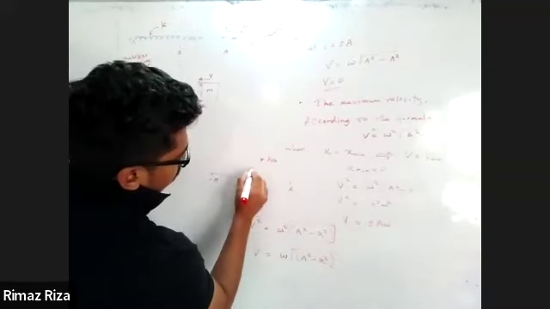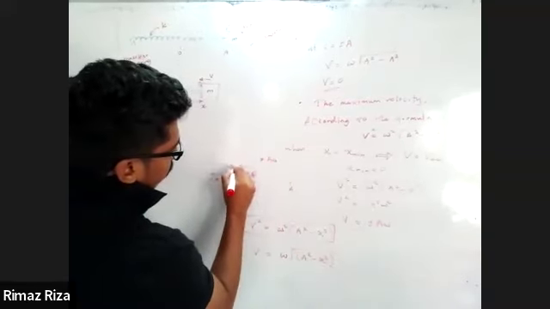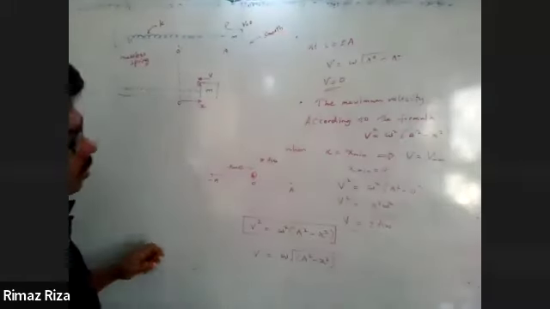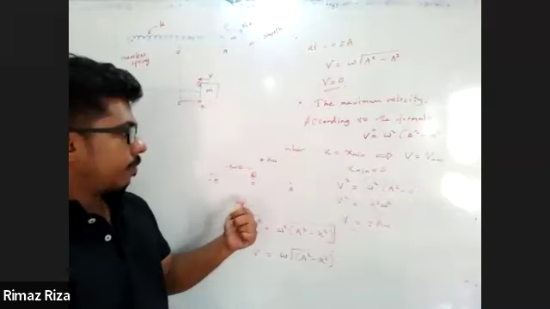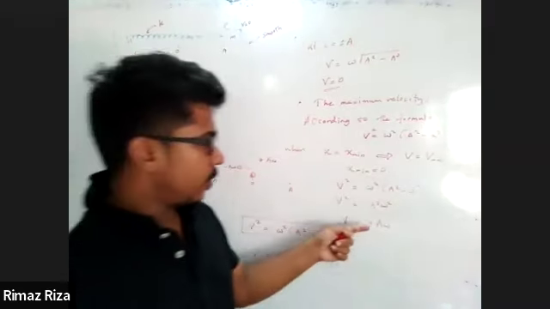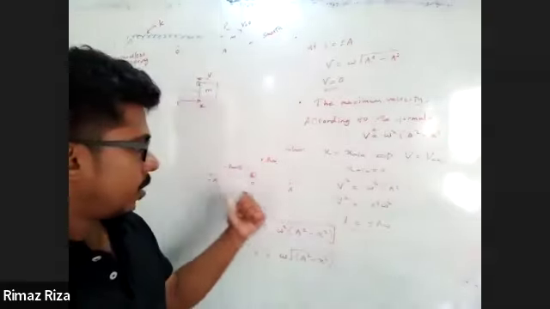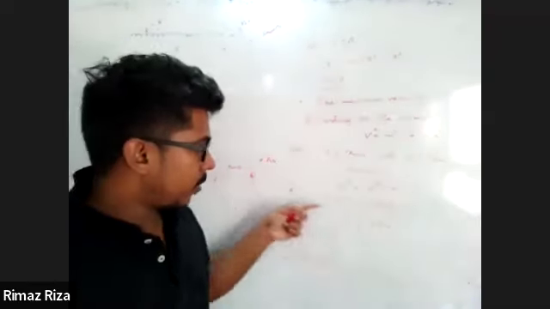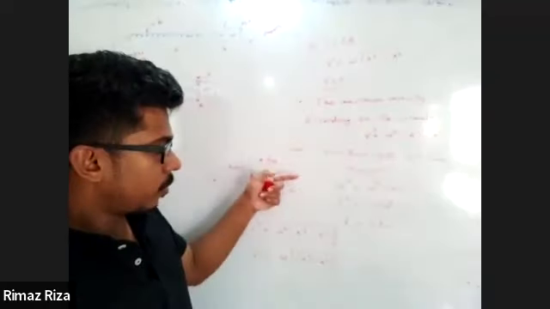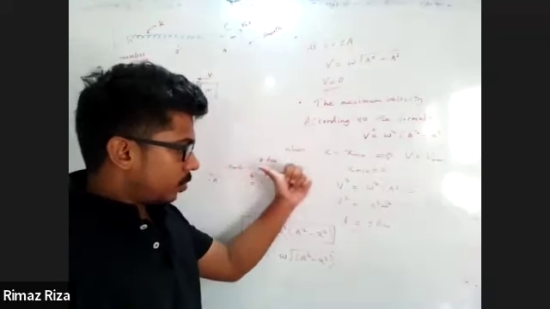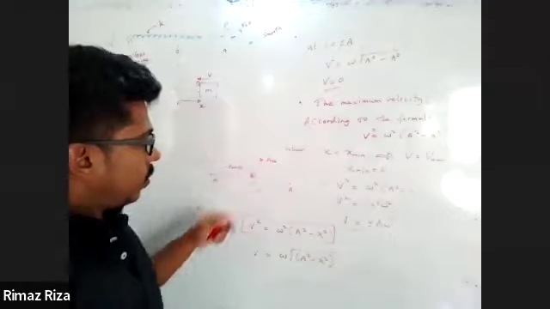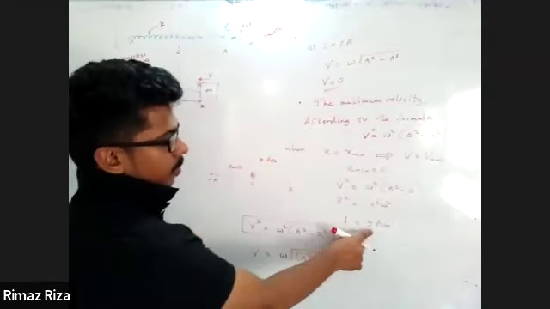But if the particle is moving this side, we have minus a omega. So one is a omega, one is minus a omega. This minus means, if you consider this side positive, then minus is in the opposite direction.